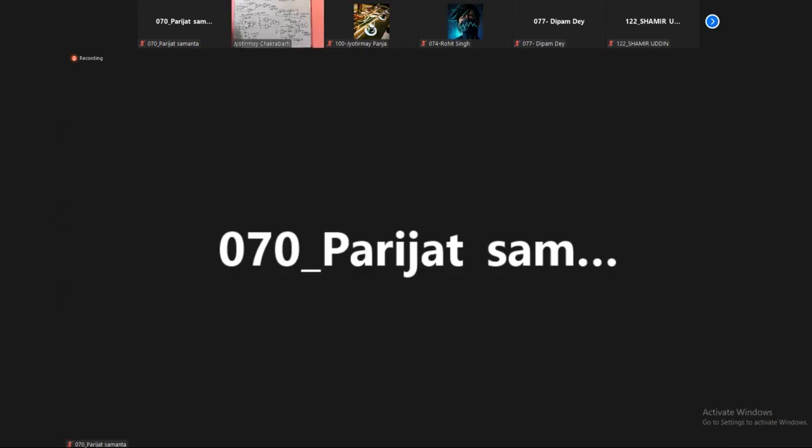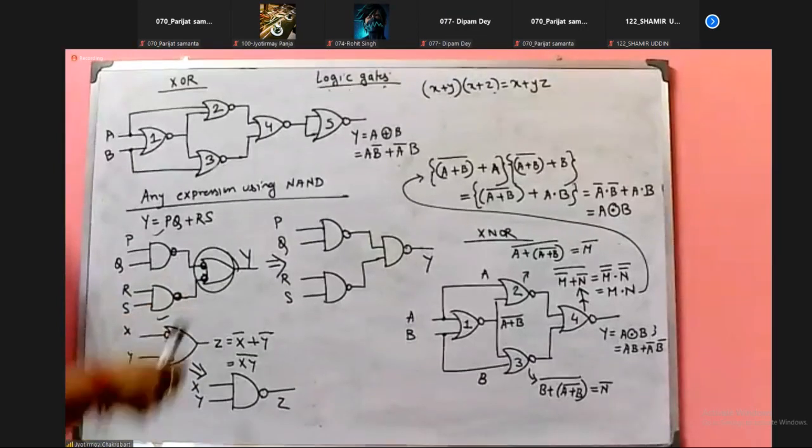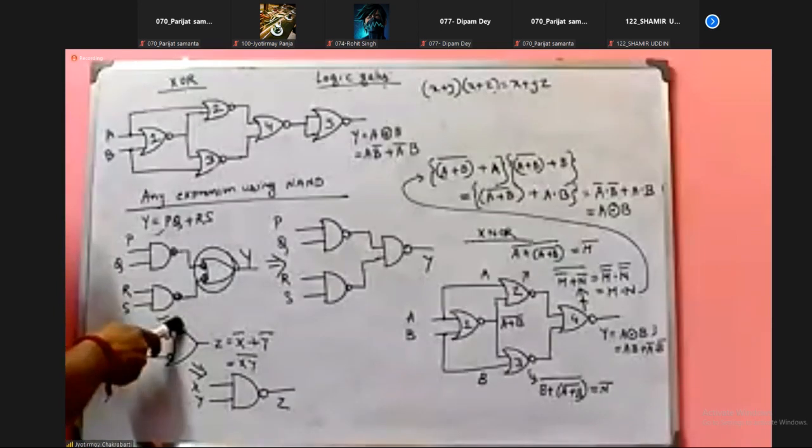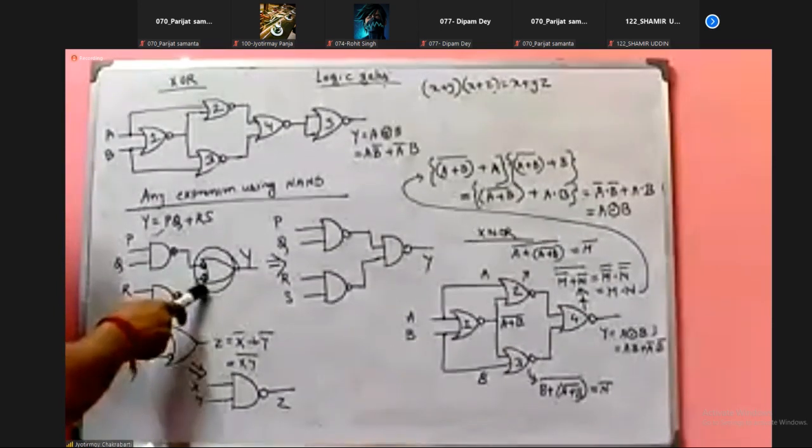After implementing with basic gates, what do you do? Put a bubble at the output of every AND gate and put a bubble at the input of every OR gate.